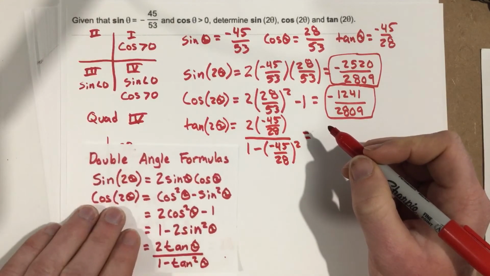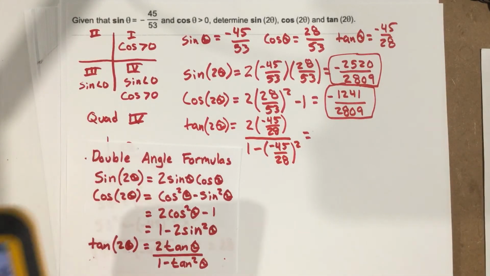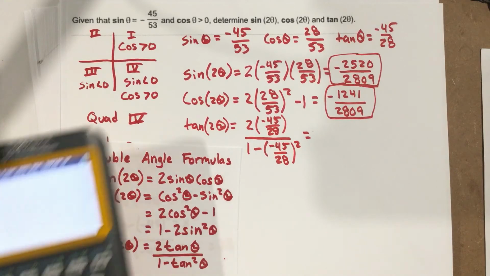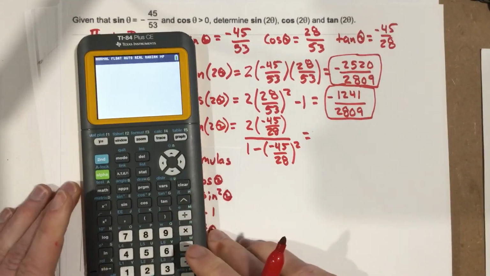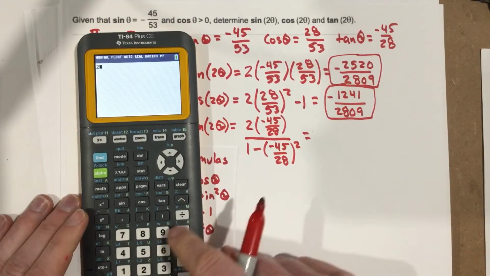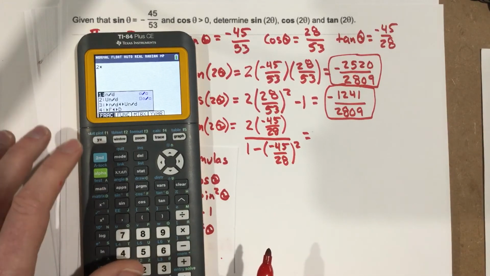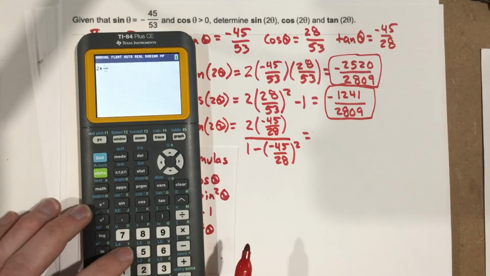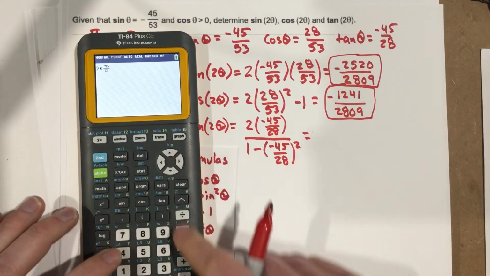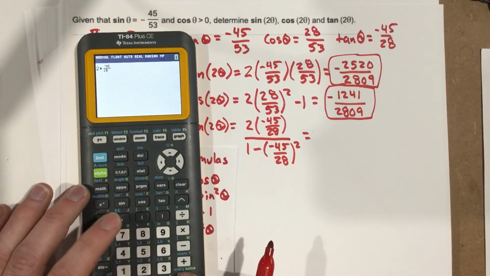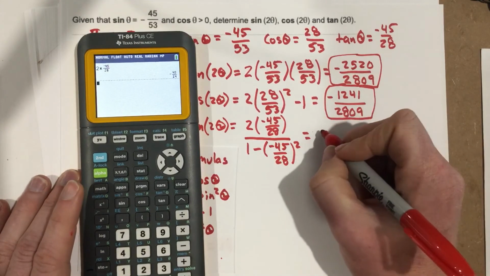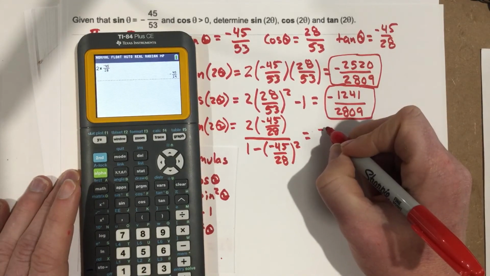All right, so let's go ahead and plug that in. I'm just doing the top first: 2 times negative 45 over 28. We get negative 45 over 14.